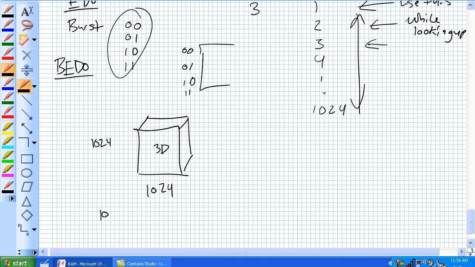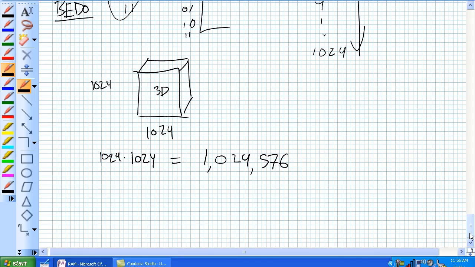That's 1024 times 1024, which is 1,048,576. And that's bytes. It's 1 megabyte.